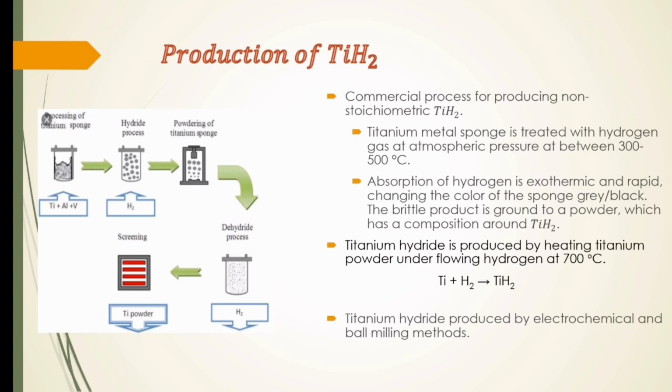The absorption of hydrogen is exothermic and rapid, changing the color of the sponge to gray, and the brittle product is ground to a powder, which has the composition of titanium hydride. Next, titanium hydride is produced by heating titanium powder under flowing hydrogen at 700 degrees Celsius, where titanium reacts with hydrogen gas and produces titanium hydride. Titanium hydride is also produced by electrochemical and ball milling methods.